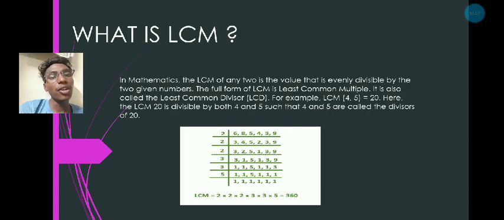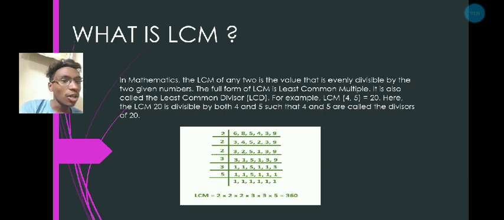Now we will see what is LCM. In mathematics, the LCM of two numbers is the value that is evenly divisible by the two given numbers. The full form of LCM is least common multiple. It is also called the lowest common multiple.